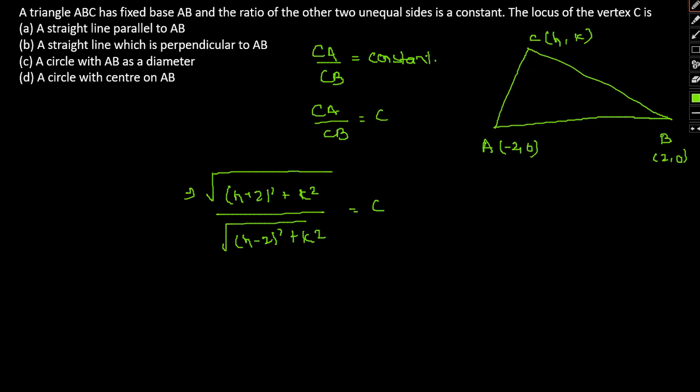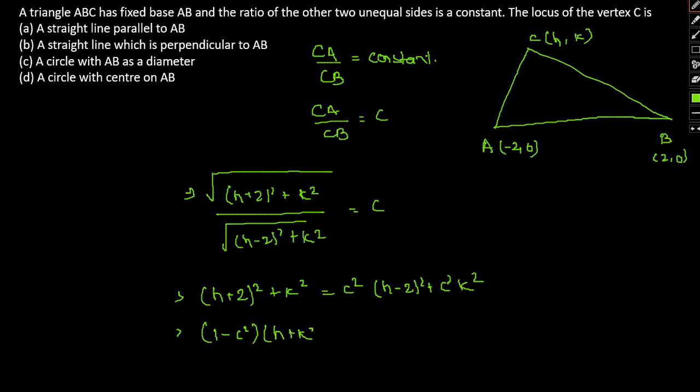If we square both sides, what we have is (h plus 2) whole square plus k square equal to c square times (h minus 2) whole square plus c square k square. Further, (1 minus c square)(h square plus k square) plus 4h(1 plus c square) minus 4c square equal to 0.